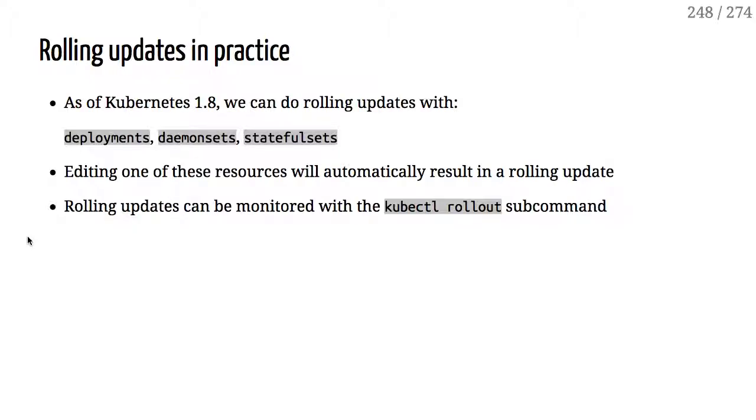First I wanted to mention that rolling updates are available on deployments, daemon sets, and also another resource type, stateful sets, which is when you want to run databases and other stateful services in Kube. Yes? So from there, Kubernetes knows that the new version works well. How does Kube know that the new version works well?